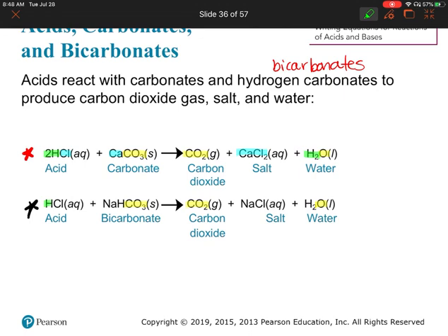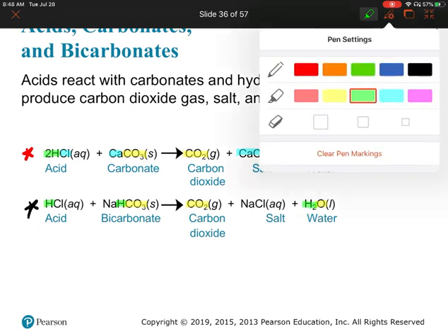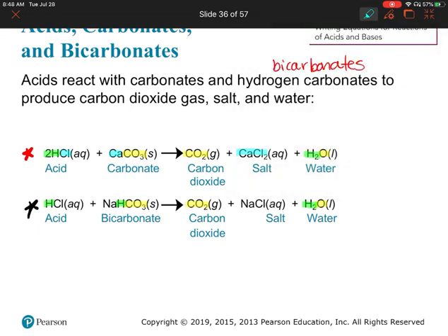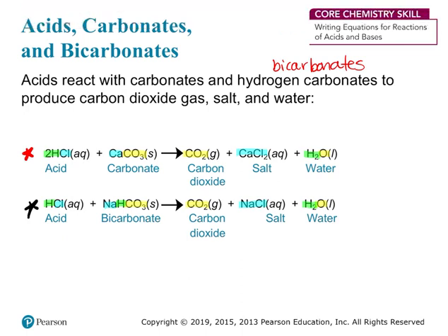And then we have a hydrogen from hydrochloric acid and a hydrogen from our bicarbonate polyatomic ion. And those are going to give us the hydrogens in water. And then finally, what's left over is chlorine and sodium, and that will give us sodium chloride. Okay, and we'll talk about this also in a video for the lab that you're doing this week.